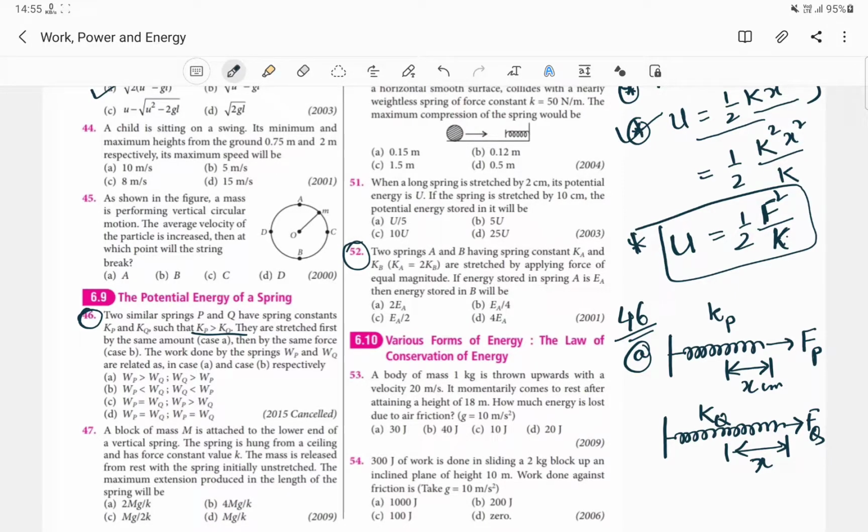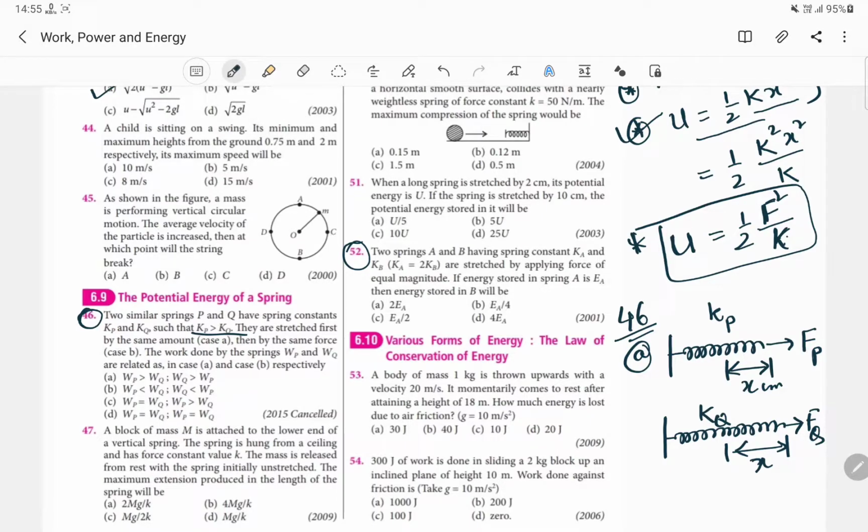This simply implies that it will be very hard for us to pull out the spring P compared to spring Q. Greater the value of K, the more difficult it is for us to elongate the spring. You should remember this concept.